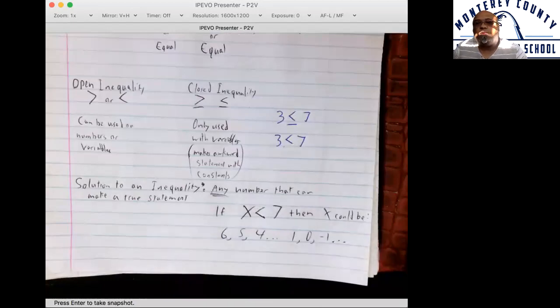So inequalities work a little bit differently, okay? So we want to make a true statement, not a false statement. Now, like I said, in the previous lessons in chapter 2, we did discuss the fact that there are sometimes equations that give you an untrue answer, okay?